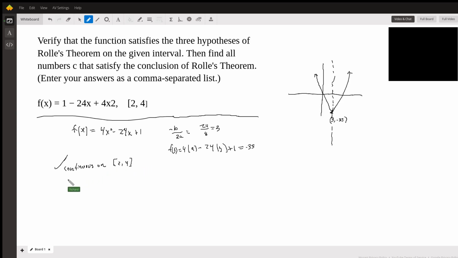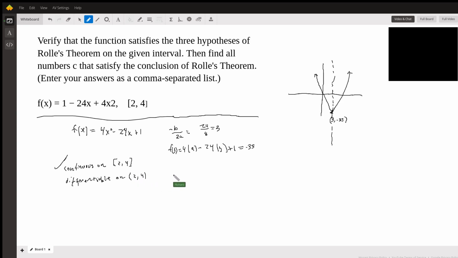And then it has to be differentiable on 2, 4, but we're excluding 2 and 4, the values themselves.